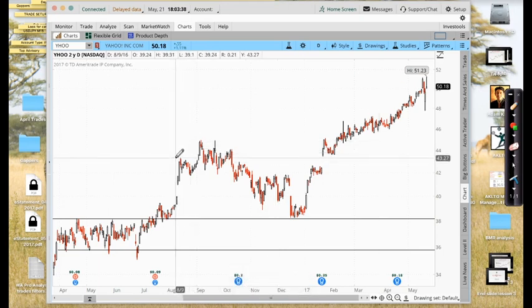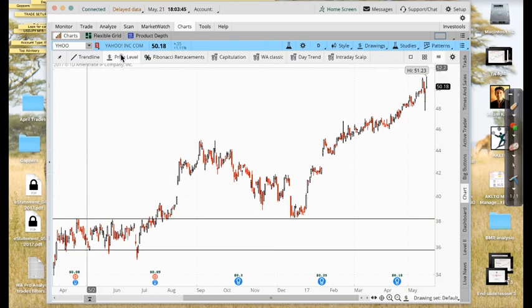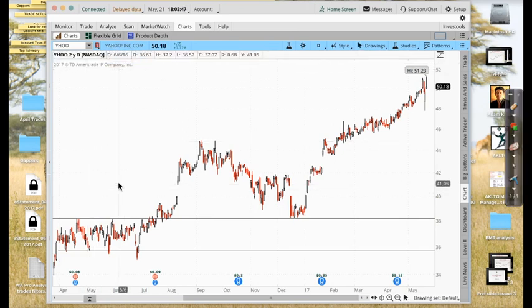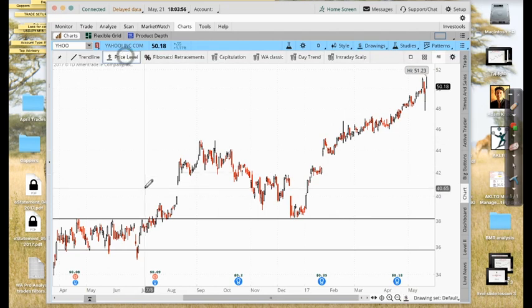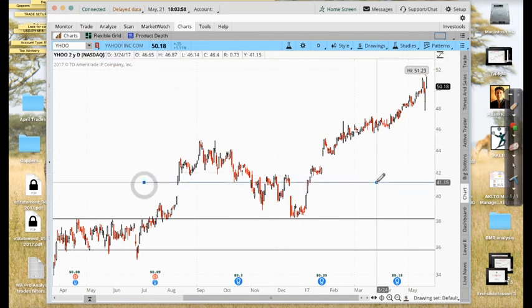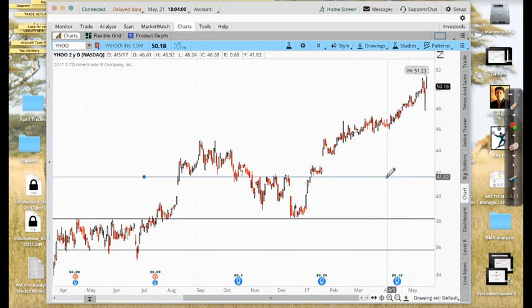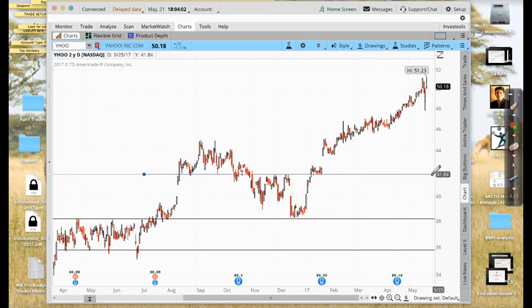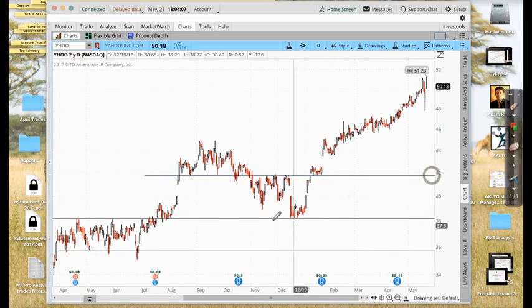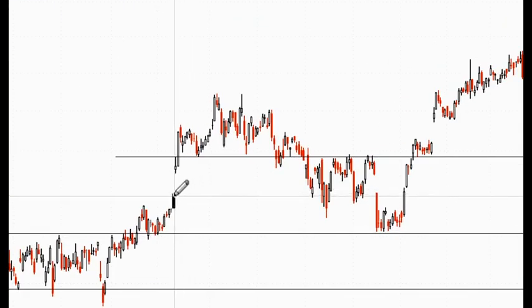Are there any other significant levels I could draw? Well, you can see one over here as well. I'm going to draw my horizontal line. There we are. Okay. By the way, this is called a gap.